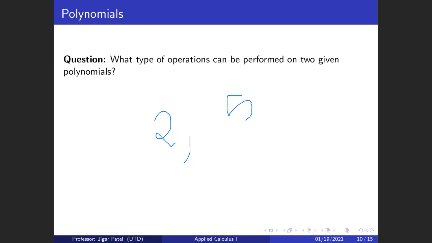Now think about it. What is the outcome of this process? Well, if you add these two numbers, 2 plus 5, what is the result? The result is a brand new number. If you subtract them, 2 minus 5, that is negative 3, or 5 minus 2, positive 3, the outcome is a number.